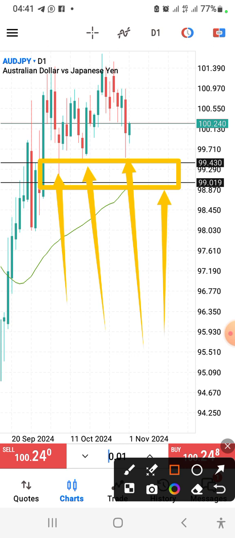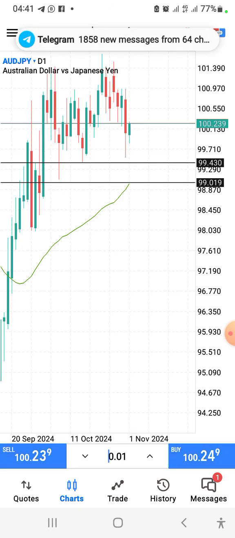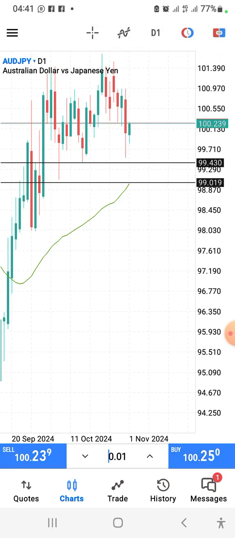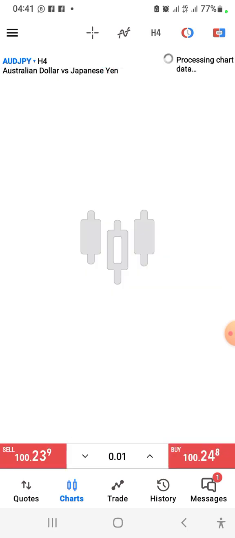You can see it has created a higher high, which tells us that the market is on an uptrend move. So you will exercise some patience to see if there will be a second pullback for you to enter your trade. You can go to the 4 hour. Let's see if that level is still active.